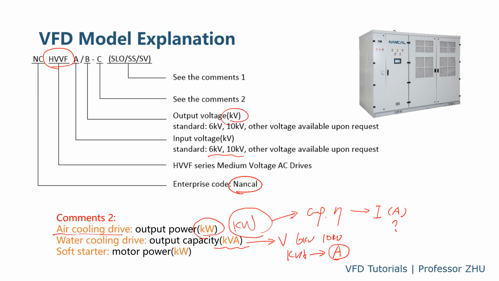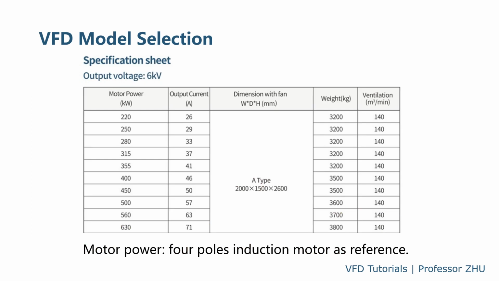So actually, this kind of guideline was first introduced by the Japanese company when we promoted the low voltage drive. So, for example, here 6 kV, and if you have a motor of 200 kilowatt, then you have this drive type.